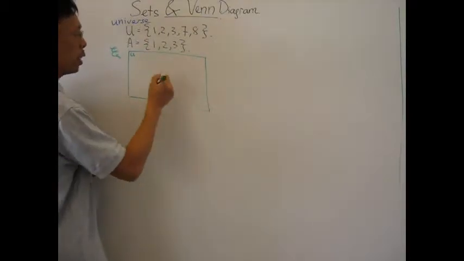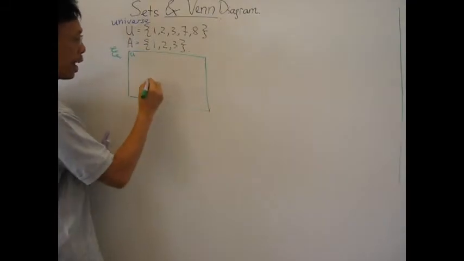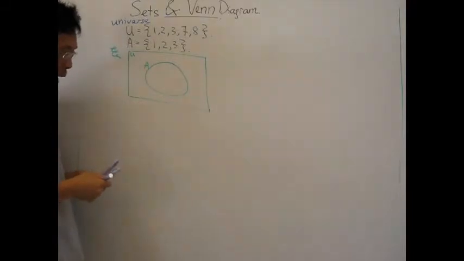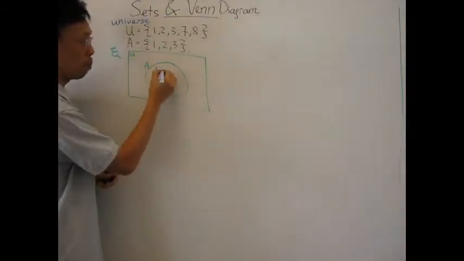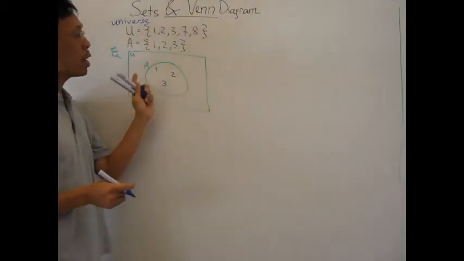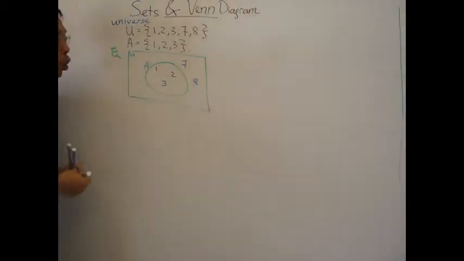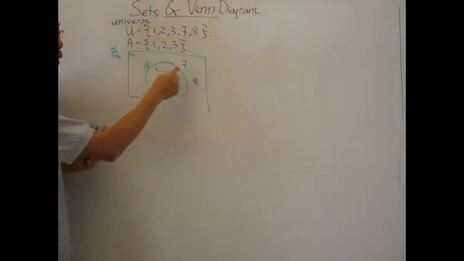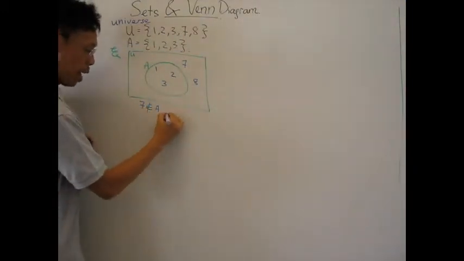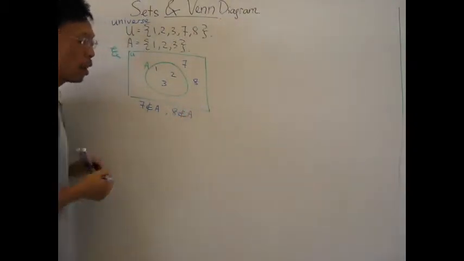After drawing the rectangular box for the universe, we write the set A. For example, this is my set A. Inside my set A, I have 3 elements or members, 1, 2, 3, and then I have 2 more members which are in the universe but not in A. For example, 7 and 8. So these 2 elements are not in A. 7 is not in A, and 8 is not a member of A.